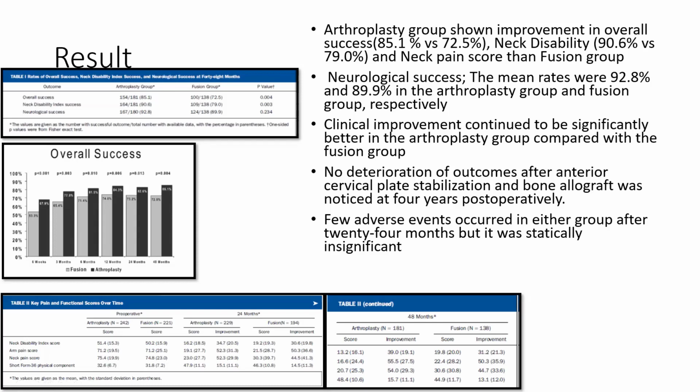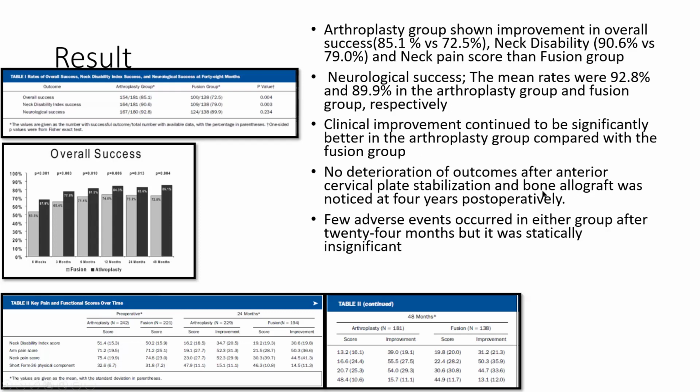They didn't see any end plate changes on radiographs, and they didn't have any deterioration of outcomes at that point in time. So their conclusion is that the clinical improvement continued to be significantly better in the arthroplasty group compared to the fusion group. One of the things that I think is important is looking at their patient selection in these groups.